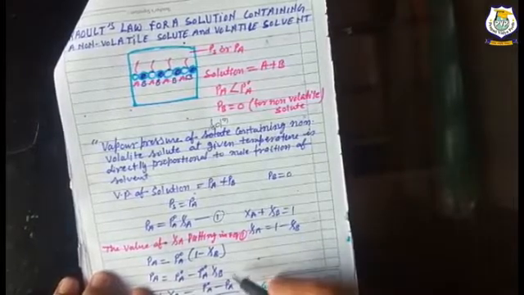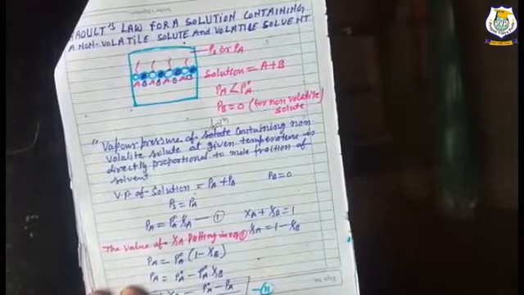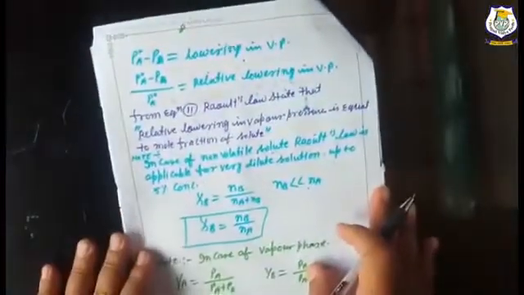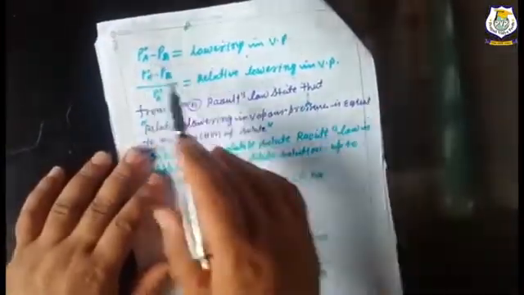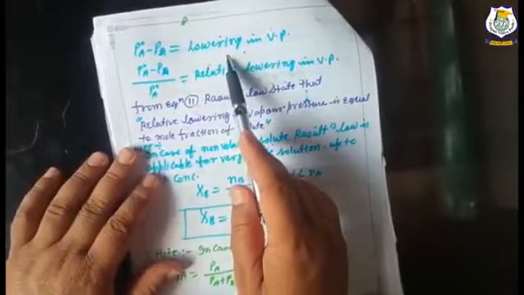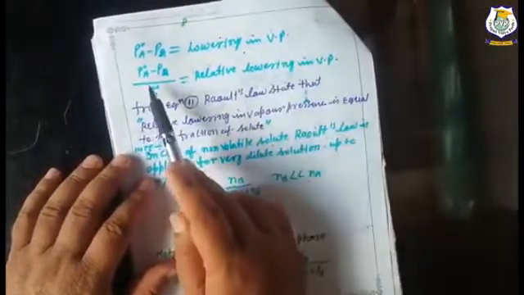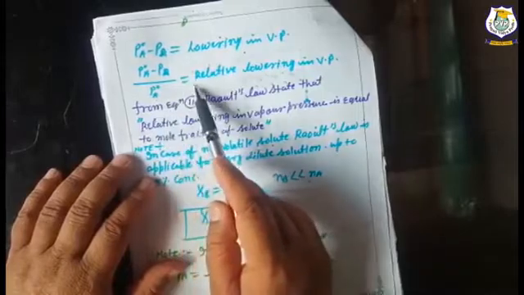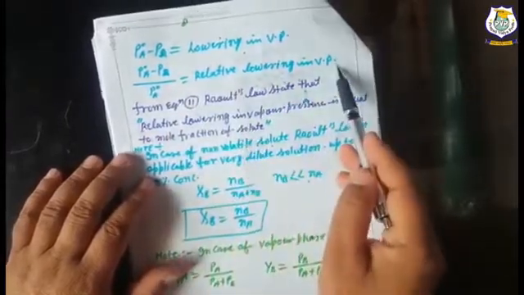By solving this equation, we get XB equals (P naught A minus PS) upon P naught A. In equation second, P naught A minus PA is equal to the lowering in vapor pressure, and (P naught A minus PA) upon P naught A is known as the relative lowering of vapor pressure.